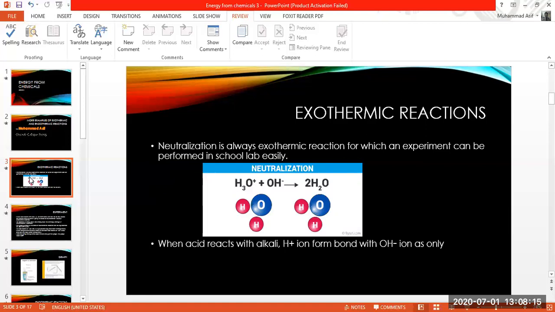According to neutralization, it is always an exothermic reaction, for which an experiment can easily be performed in the school lab. Now, the neutralization reaction is represented as the reaction indicated here.